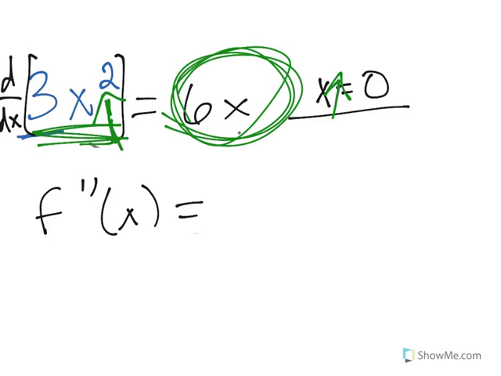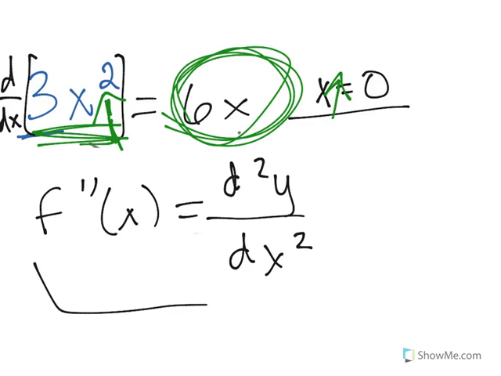Another way of writing it is to have this right here. It means exactly the same, the second derivative, so getting the derivative of the function twice. Having d squared y over dx squared and having f double prime of x is exactly equivalent.